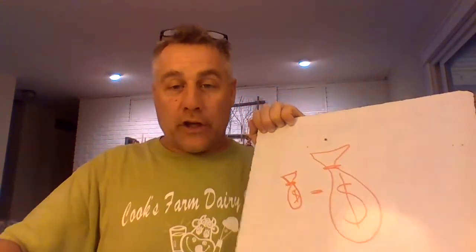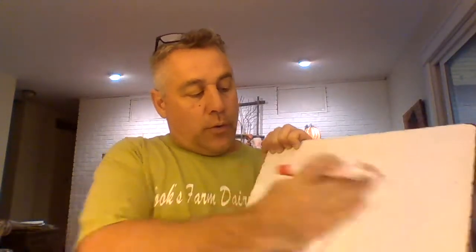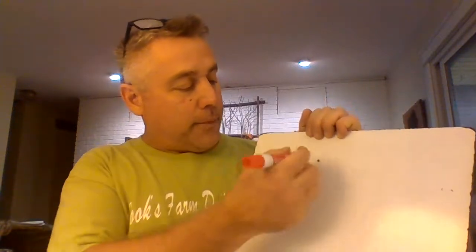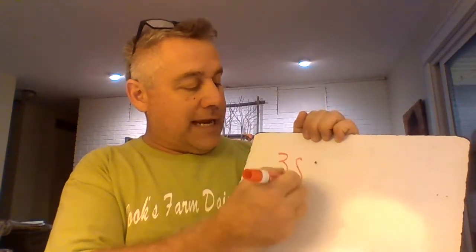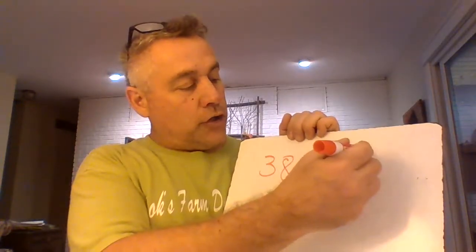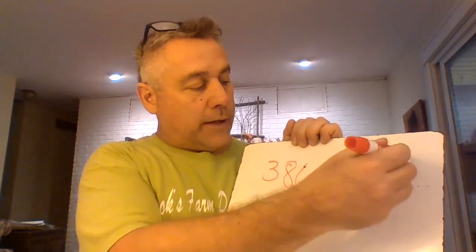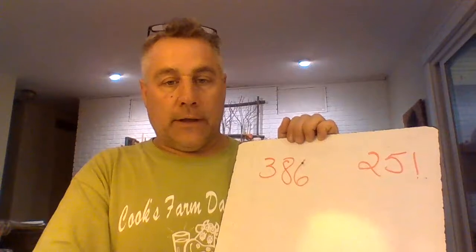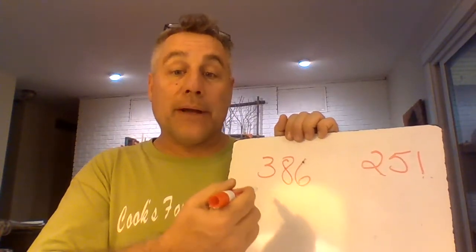So one of the things you always have to do when you set up a subtraction problem is make sure that the bigger of the two numbers is on top. So if I have the number 387 and I have the number 251, 387 is bigger.